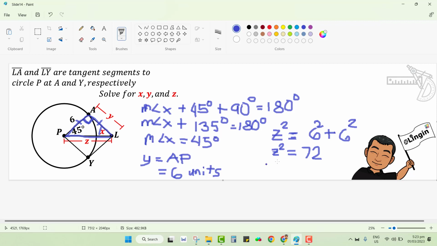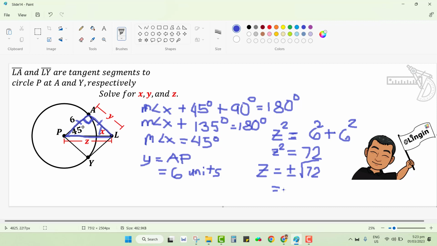When you take the root of both sides, using the square root property, you have plus or minus the square root of 72. But we will only use the positive since it's a measurement. So we have the square root of 72.